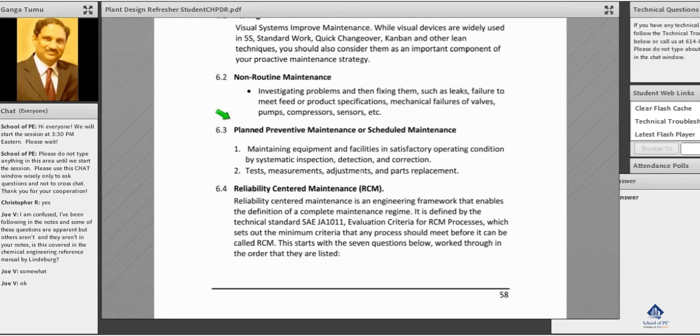Those are non-routine. The other one is planned and preventive maintenance, or scheduled maintenance. In most chemical plants, every 6 months they stop all the operations and clean the equipment. They check all the utilities, all the safety valves, and also the integrity of the reactors.